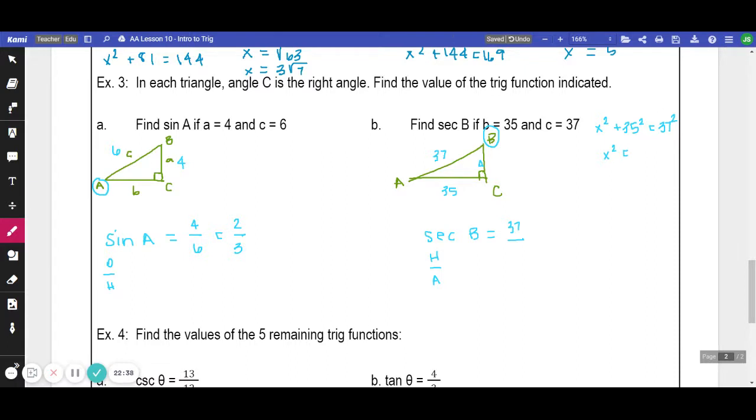So 37 squared minus 35 squared is 144. And then to solve for x, we take the square root of both sides, and we get x is 12. So at least it came out to be a whole number. We didn't have to simplify a radical. So the adjacent side is 12. 37 over 12 does not reduce, so final answer.